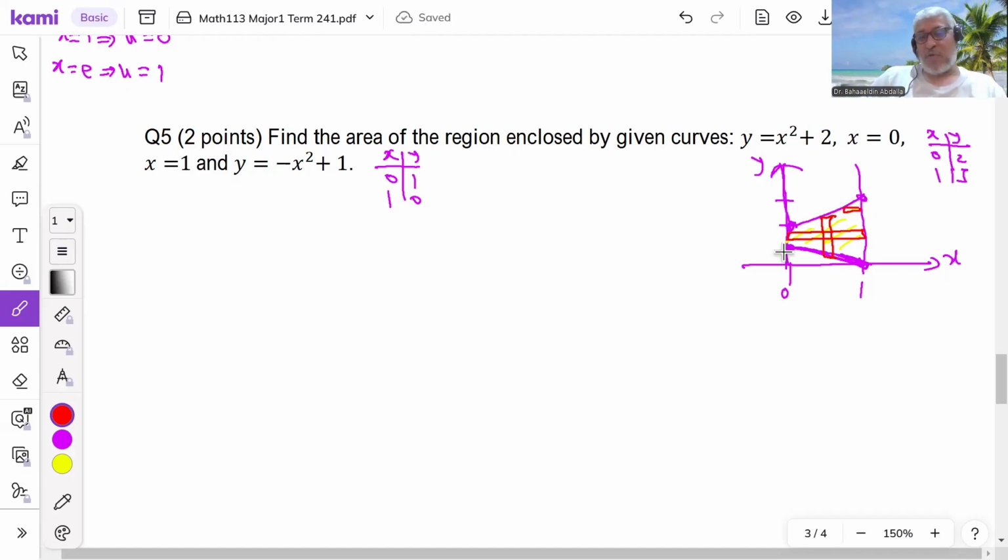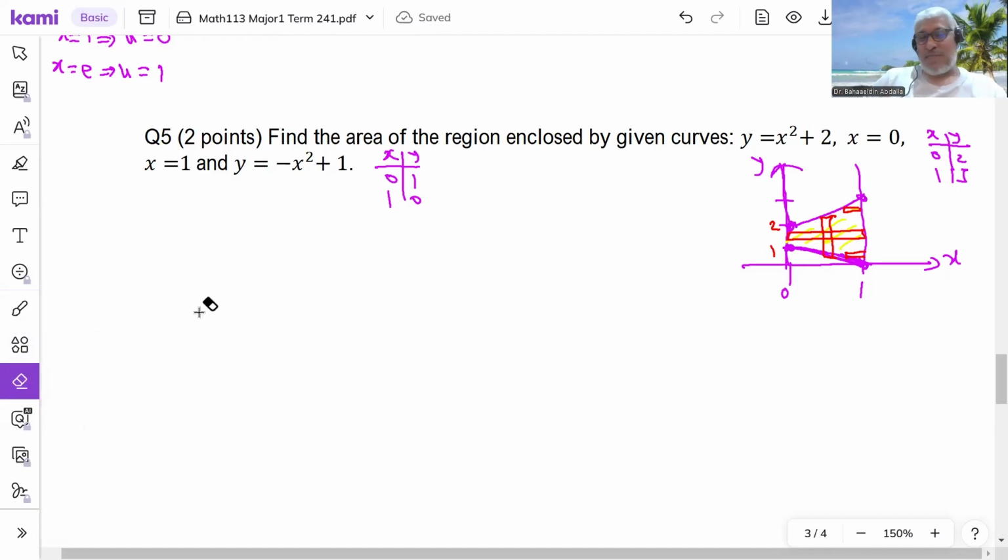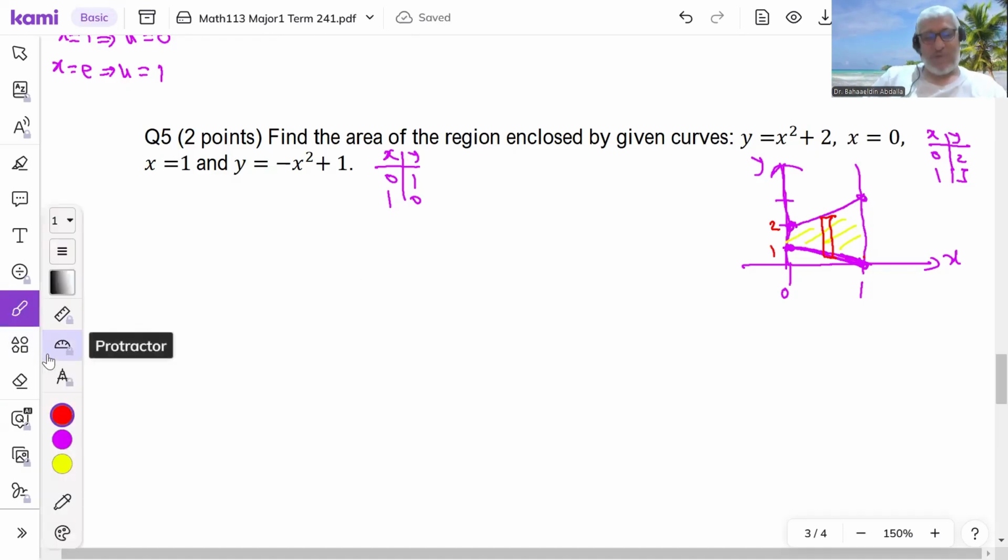And here between 1 and 2, this line is to the right of this line, and below I'll have this line to the right of this curve. So to use a horizontal rectangle here, you need to divide this region into 3 regions. That's too much for me.